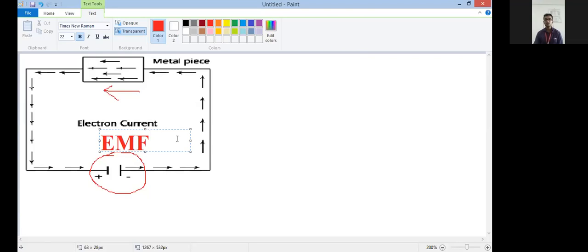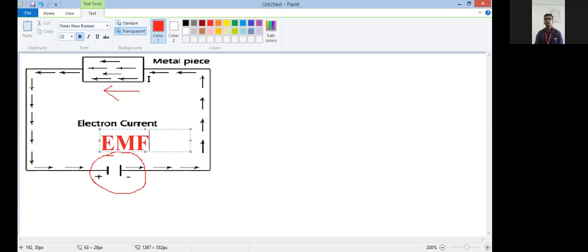Suppose EMF is generated using a voltage or battery source, then the circuit will look like this. As you can see, here is the positive terminal of the battery and here is the negative terminal. Electrons emerge out of the negative terminal of the battery, then enter into the metal piece, and through the metal piece the electrons move from the negative side to the positive side.